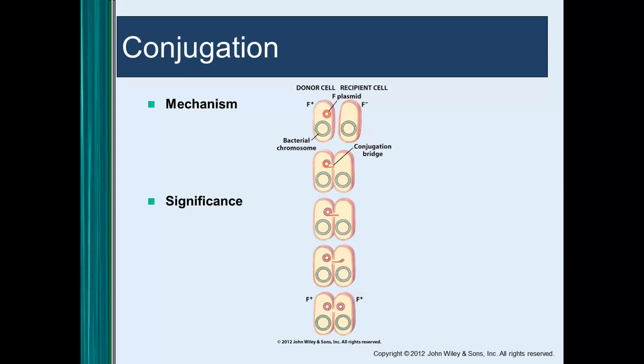Now, conjugation is a highly significant aspect of gene transfer because it contributes again to genetic variation, and because larger amounts of DNA are transferred in conjugation than in other transfers. So conjugation is very important in increasing genetic diversity.